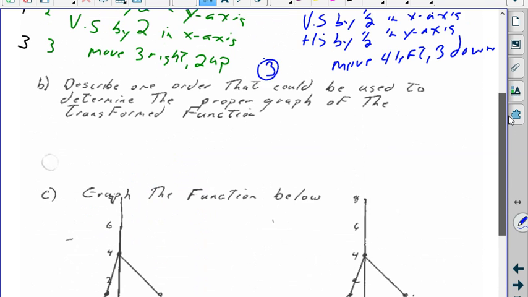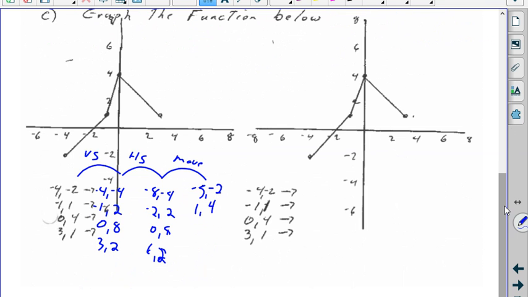I got that right. 3 right, 2 up. 3, 10, and 9, 4. Nope, 9, 4. Now those would be the points that I would plot on the graph.